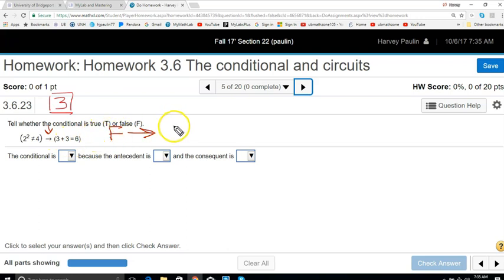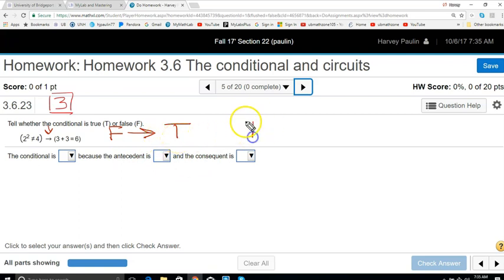False, then. Now, 3 plus 3 is equal to 6. That's true. So in the conditional, false, then true. Now look at your truth table. Is this true or false?